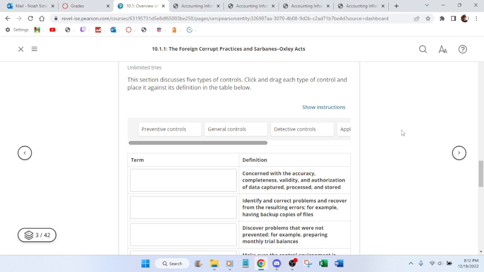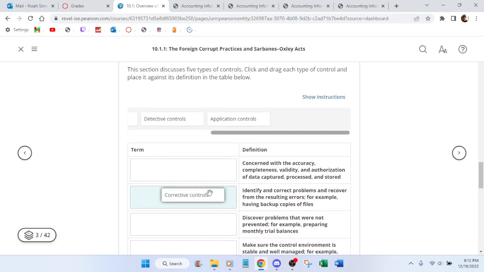What is concerned with the accuracy, completeness, validity, and authorization of data captured, processed, and stored? I don't know. Identify and correct problems and recover from the resulting errors. Discover problems that were not prevented.